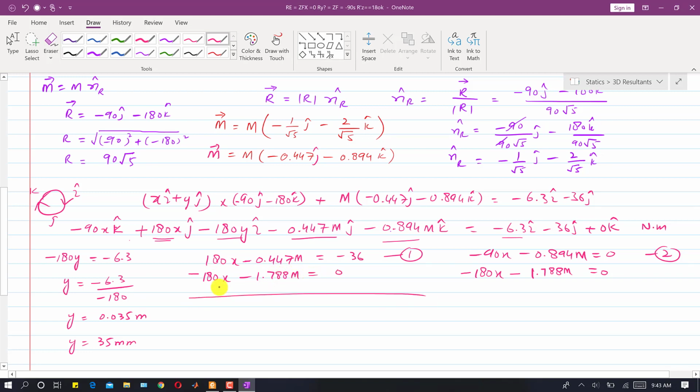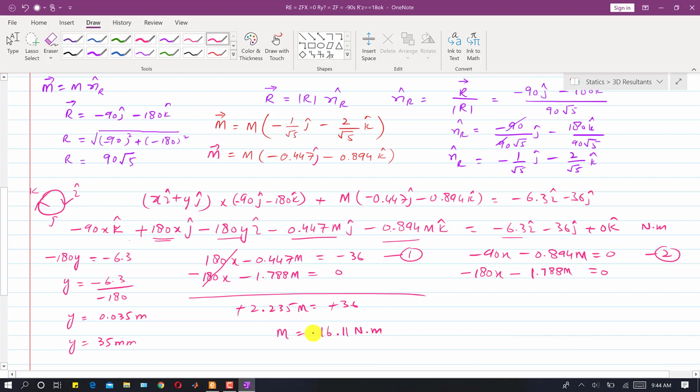So if we add both of these, this will cancel out and we will add up these. So this is minus 1.788 minus 0.447, so this is minus 2.235M equals to minus 36, right? So this will cancel out and the M magnitude is 16.11 Newton meter.